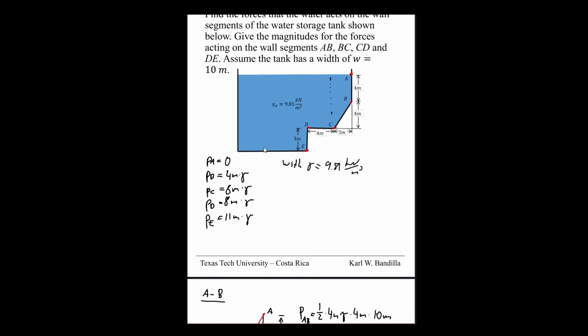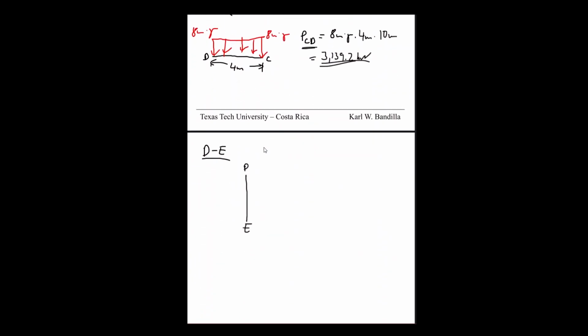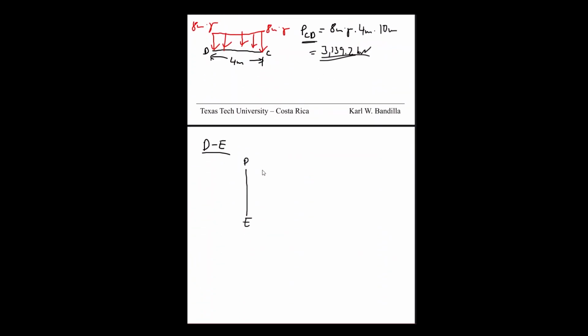Oops, that's not even close to being a straight wall. There, that looks a little nicer. We know this is D, this is E. And how high was that wall segment? 3 meters. So from here to there, 3 meters.